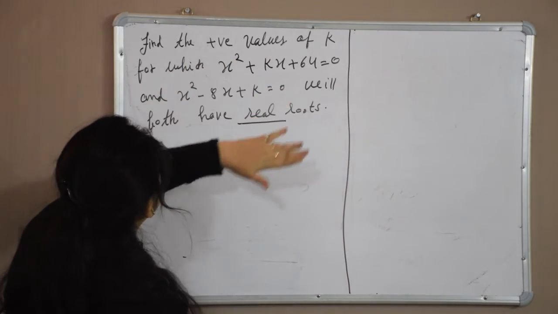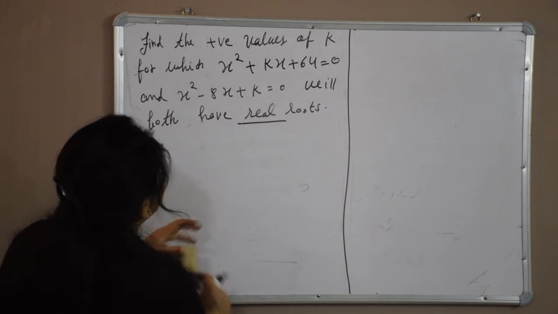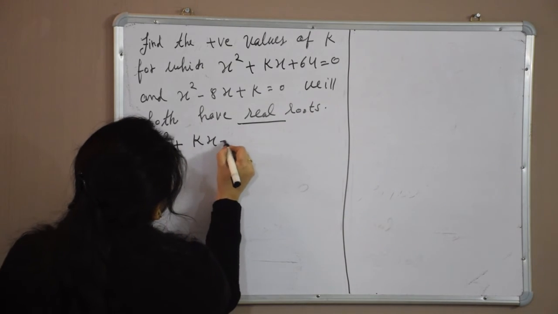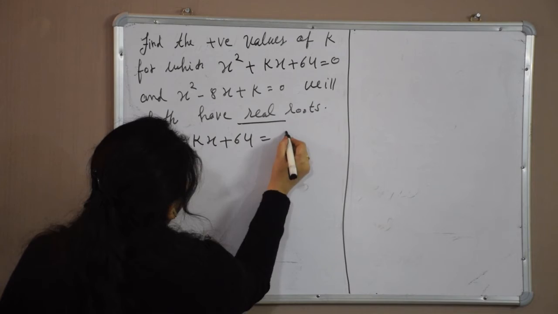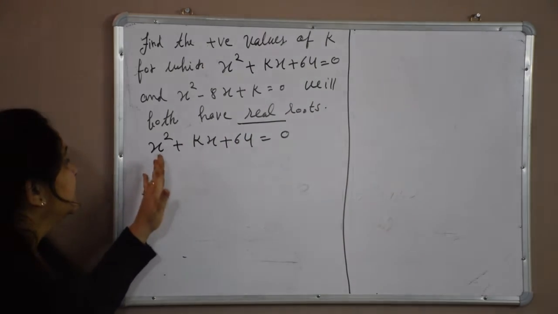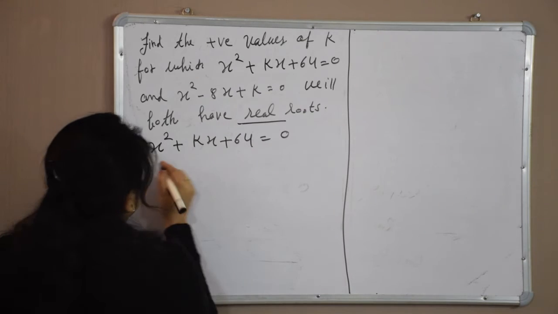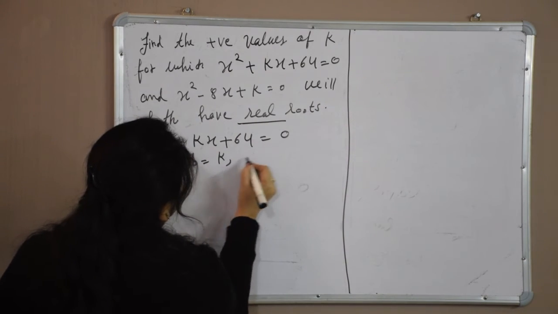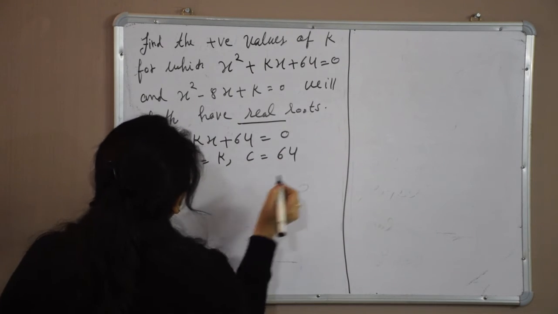So find the positive values of k for which the equation this. First of all, we will consider x square plus kx plus 64 equal to 0. For this equation to have real roots, we will make the discriminant greater than or equal to 0. A is equal to 1, B is equal to k, C is equal to 64.